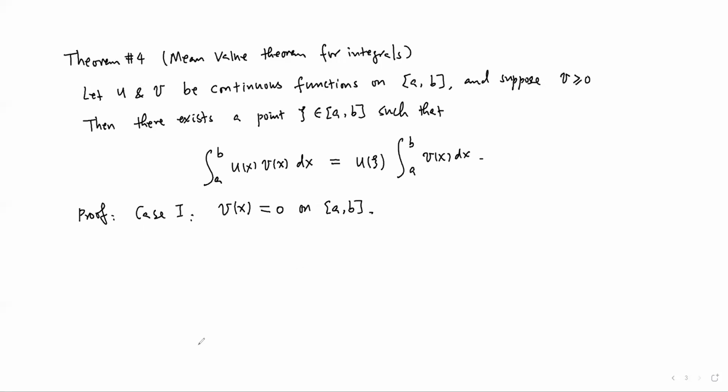In this case, this equation clearly is true. Let me call this equation 1. Why? Because on the left side V is 0, so the left side is the integral from A to B of U times 0.